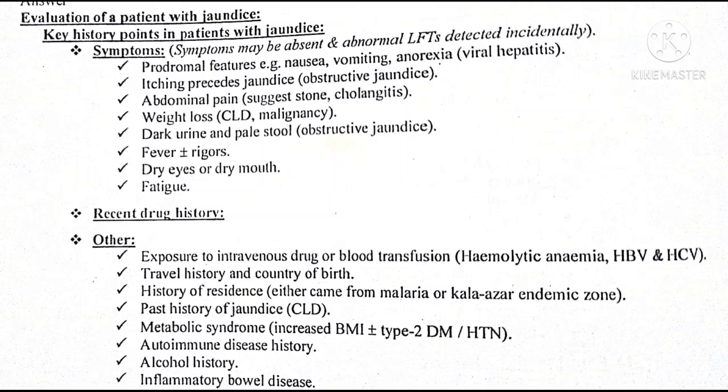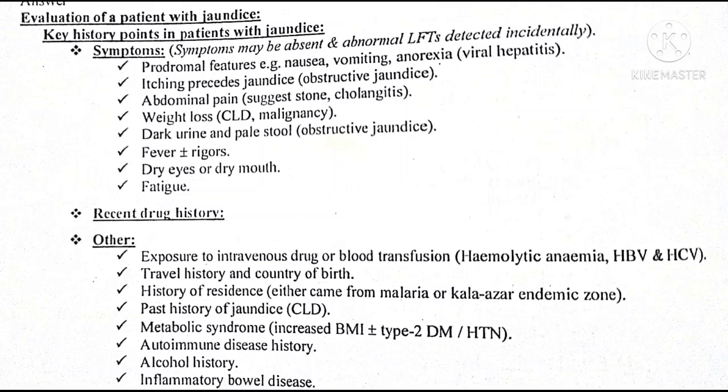Symptoms of jaundice. Prodromal features such as nausea, vomiting, and anorexia are seen in viral hepatitis. Itching precedes jaundice in obstructive jaundice. Abdominal pain suggests the presence of stone and cholangitis.